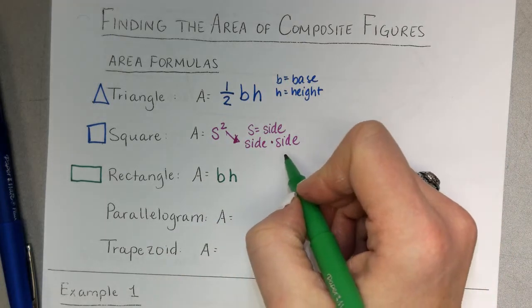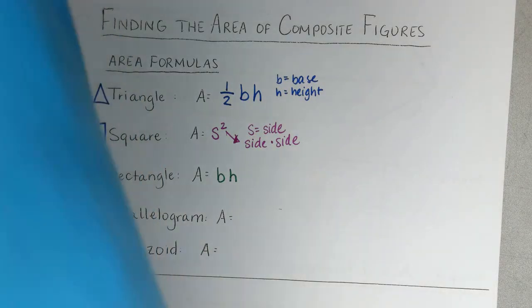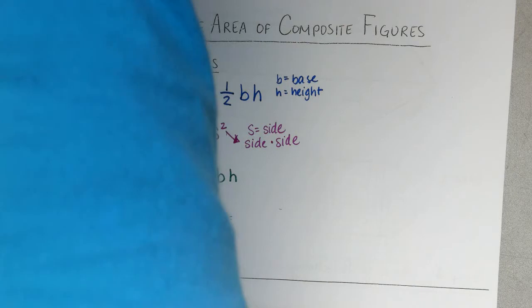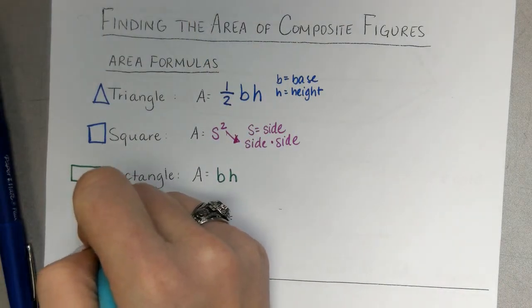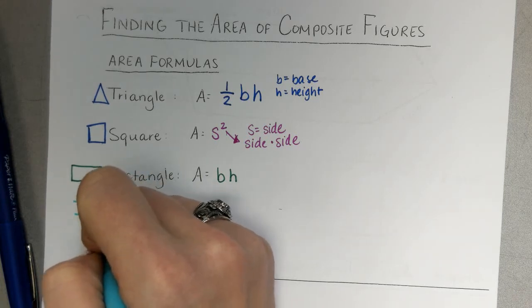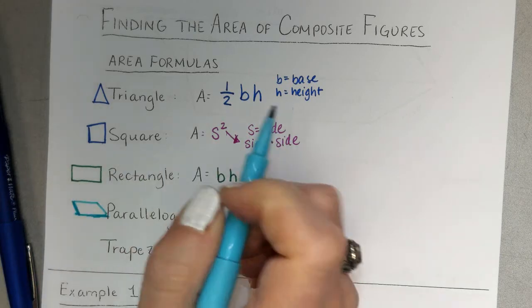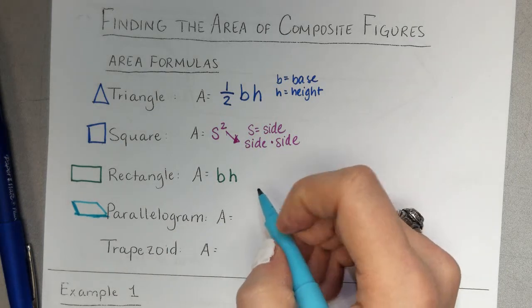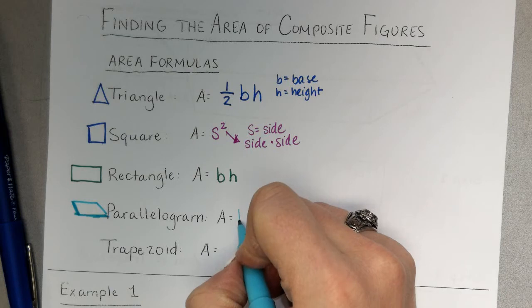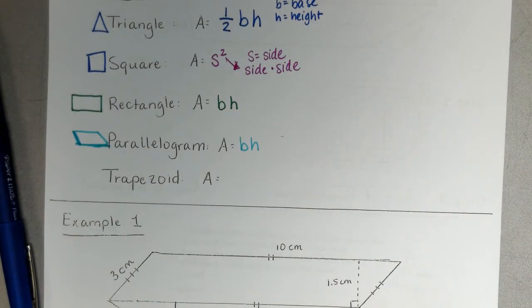Then a parallelogram looks like this, where you have two parallel lines, and maybe some diagonal lines on the sides. But anyways, a parallelogram's area is base times the height, same as a rectangle.